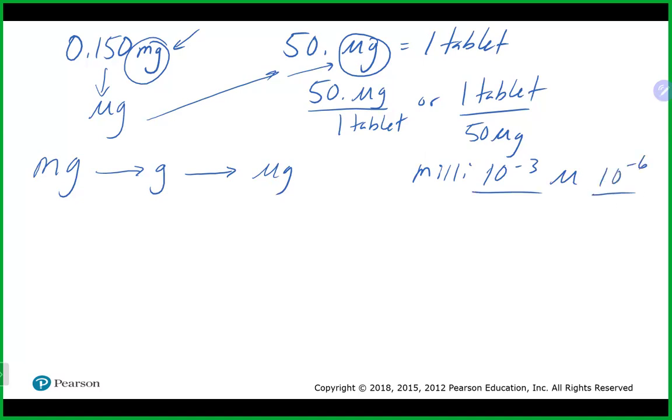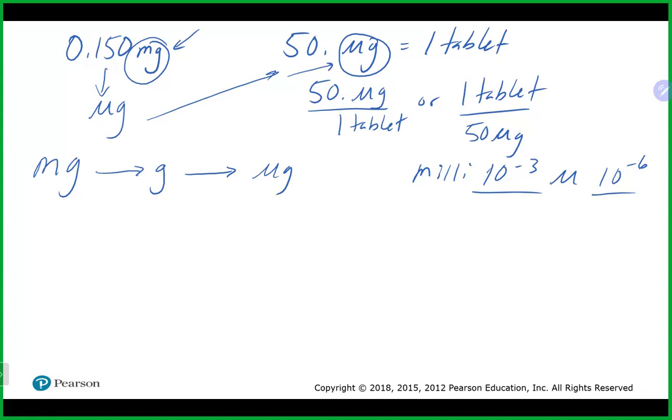So these conversions we can find really easy on a chart. And again, you're not going to have Google available to you to figure out the direct conversion if you don't know it. So this you probably would have available to you. So again, doing it to the base unit and taking it from the base unit to the next one is probably a really good approach. So what does all these things mean?